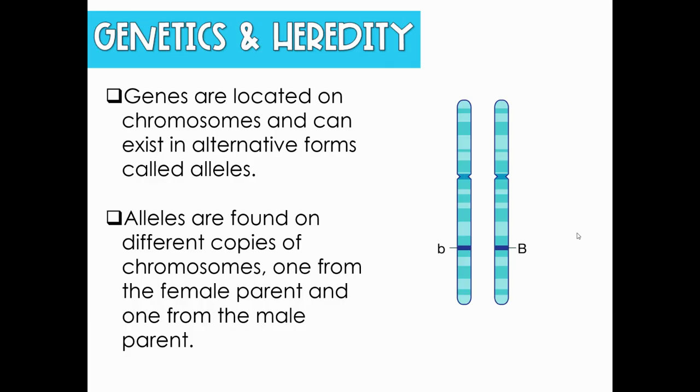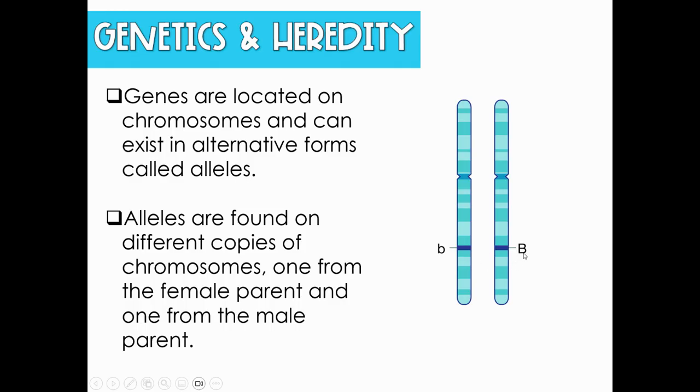Now, genes are located on chromosomes, and they can exist in alternative forms, and we have a special vocabulary term for that. We call that alleles. So here you can see my chromosomes. You can see that I have a big B and a little b here. On my chromosomes, I have genes. I've identified and labeled those genes. And when we have different versions of genes, we call these alleles.